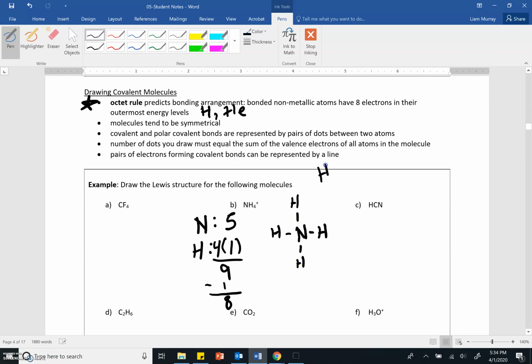Remember, hydrogen only needs 2 valence electrons, so these are all happy. I could then look at my nitrogen, 2, 4, 6, 8, as it's got 4 bonds containing 2 electrons each. Stable octet, my nitrogen is happy. The one thing you have to make sure you do, since we are dealing with a molecule that has a charge, is draw brackets and a plus.